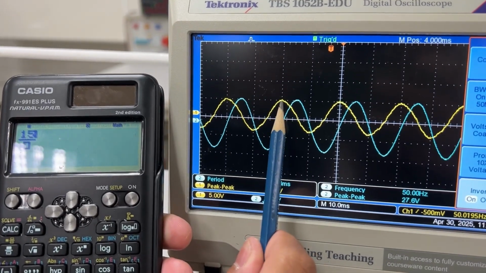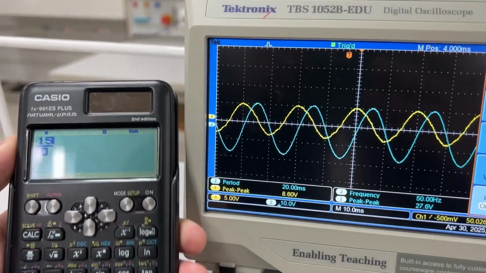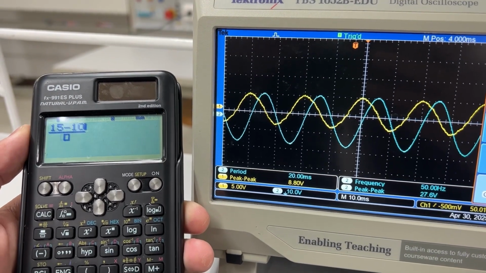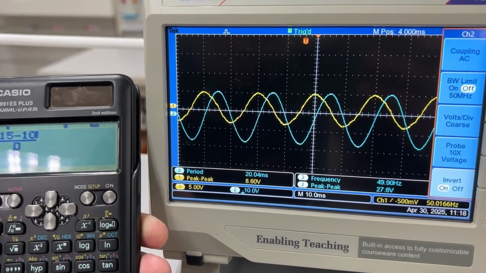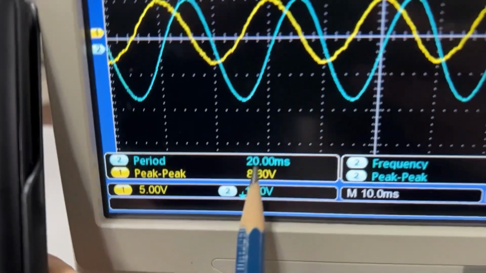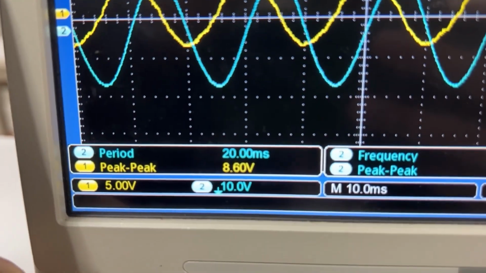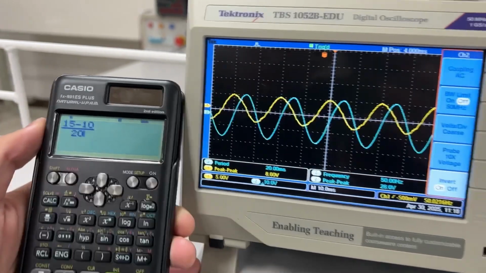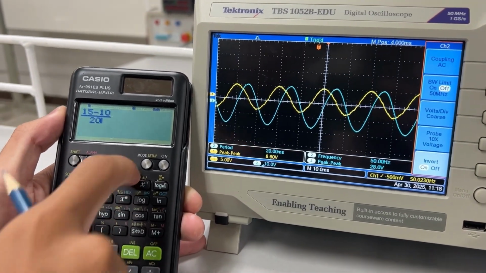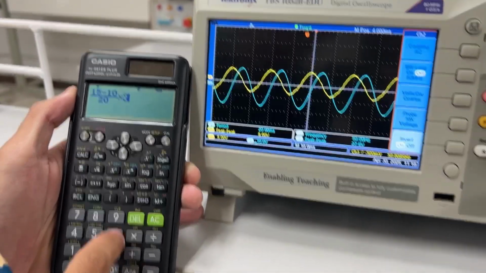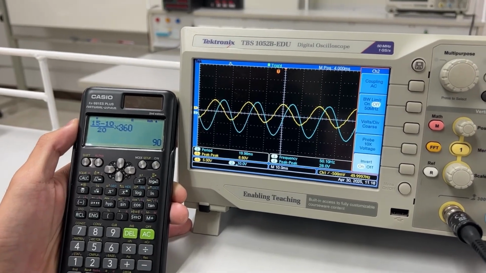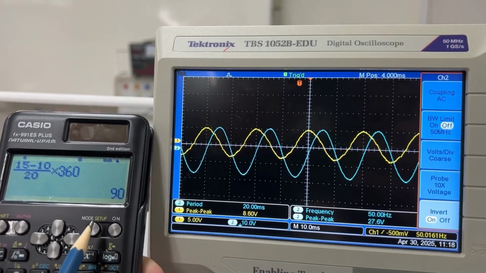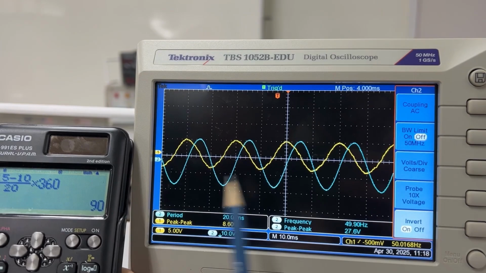This is 10 minus 10. And our period is 20. So we divide it by 20. 1 times 360. Our phase shift will be 90 degrees.